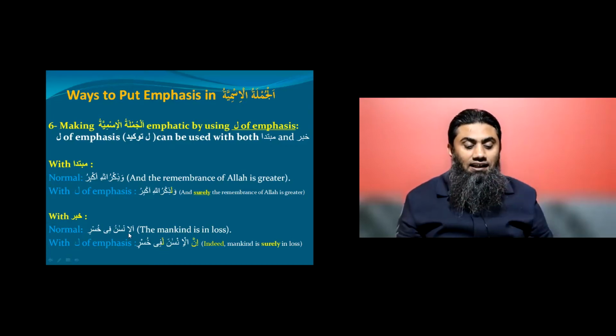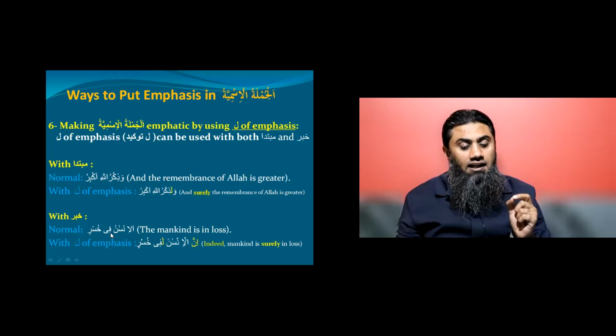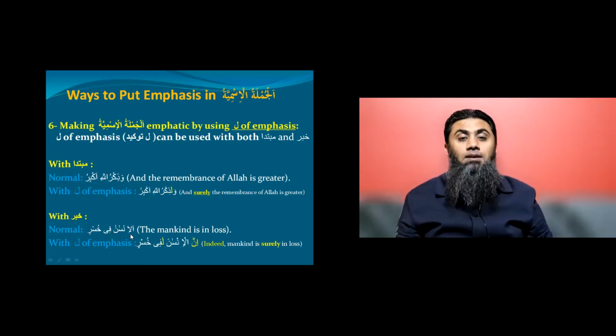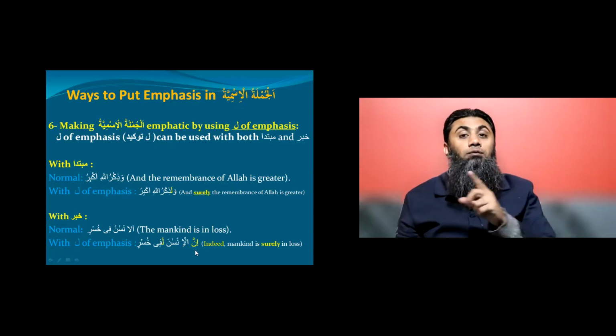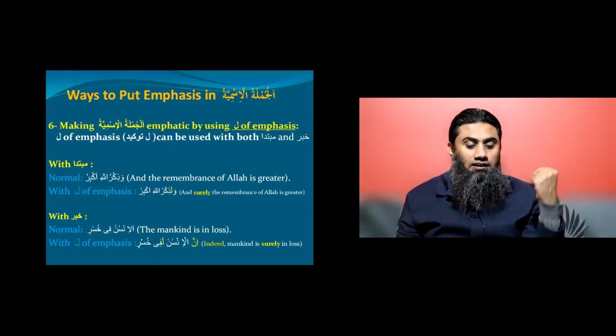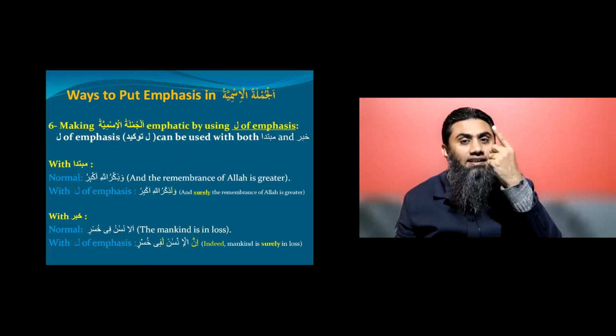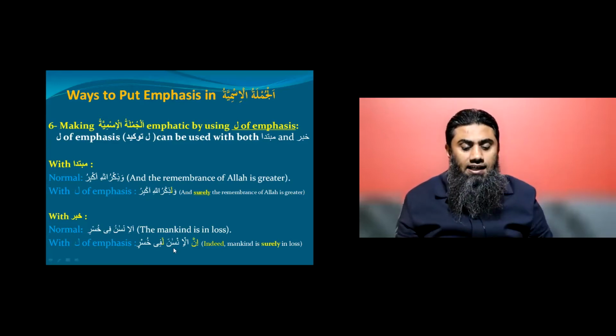Secondly, al insanu. What did you do? Al insanu was your mubtada part and fi khusrin was your khabar part. So in the mubtada part, you added inna, which we learned a few minutes before, that when you add inna, the sentence becomes emphatic. Al insanu became al insana. Why? Because of inna.